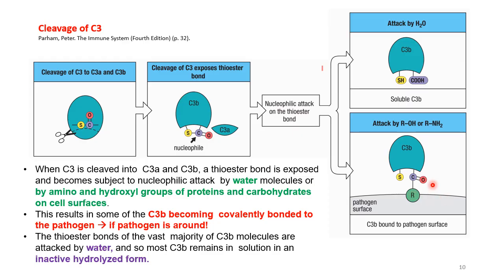Once it's bound, it's really, really bound. You're not going to take it off the pathogen surface. You're just going to tag that pathogen for action by something else that's going to get there and eat it.